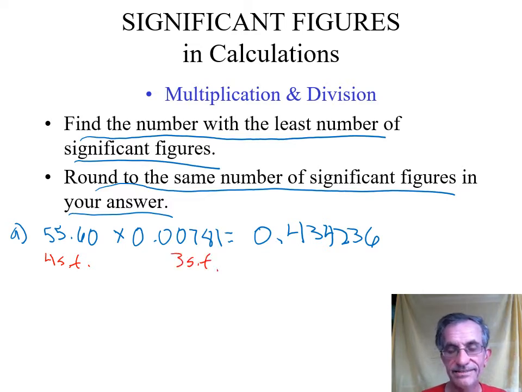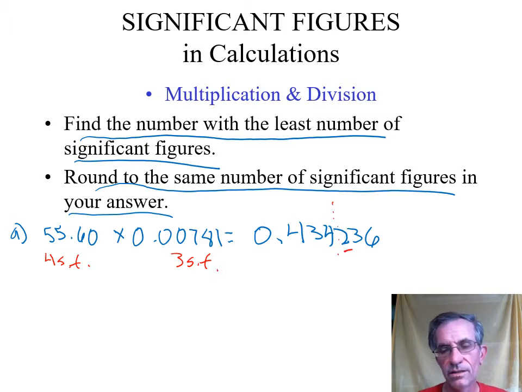Now, if I look at my answer on the end, I have to figure out how many sig figs I should be keeping, and I'm going to look at how many I used. 4 sig figs, 3 sig figs, you go with the least. You want 3 sig figs in your answer. So that means you would have to round, let's say it this way, between the 4 and the 2. You need to round right here.